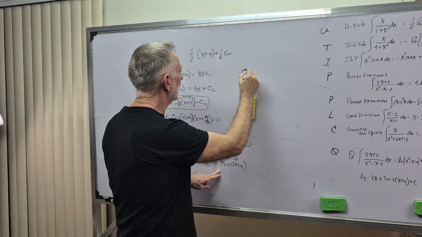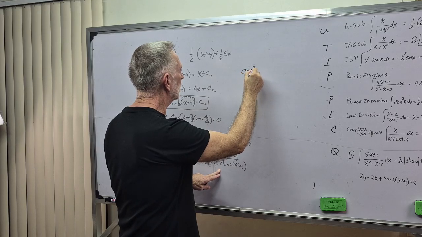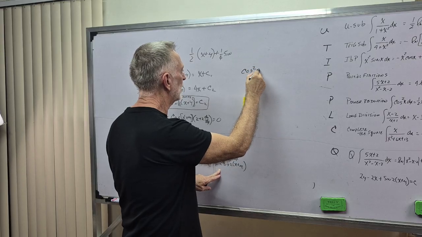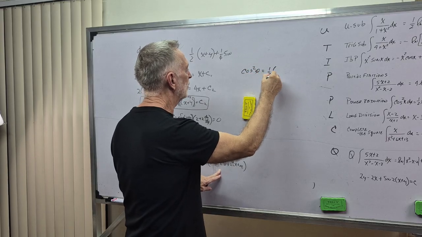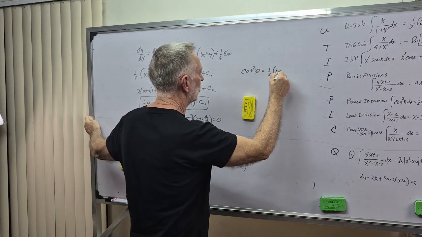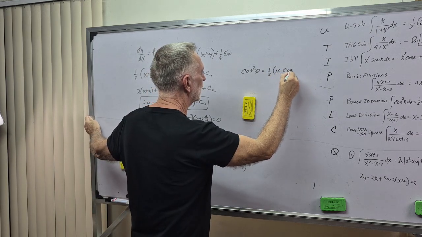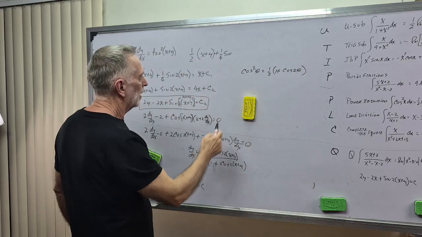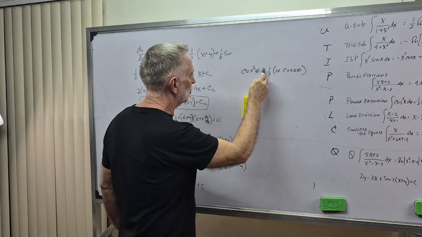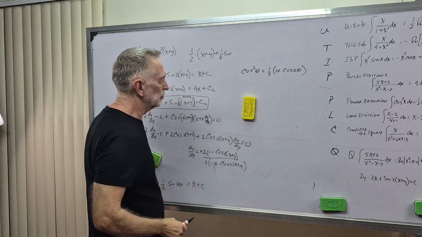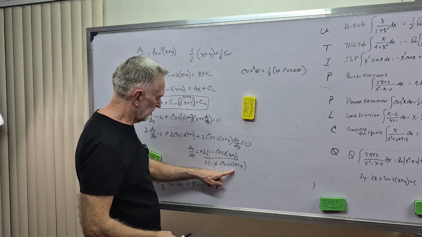Now you'll recall, let's say cosine squared theta equals 1/2 times 1 plus cosine 2 theta. We used it earlier though. Now, if I multiply that by 2, that cancels, and I just have 1 plus cosine right here.